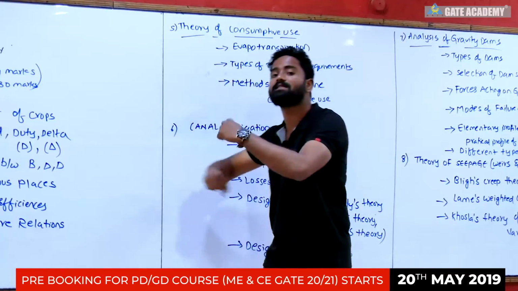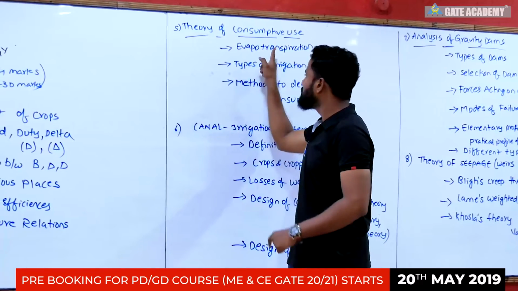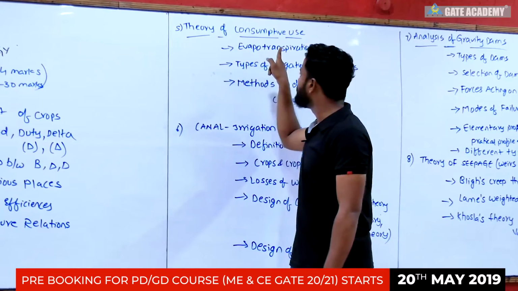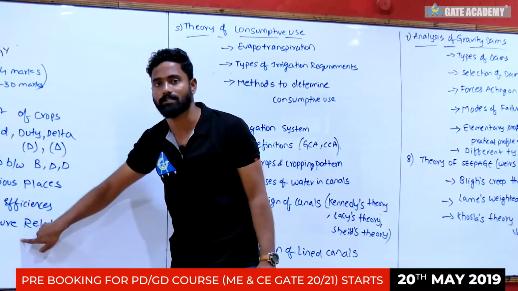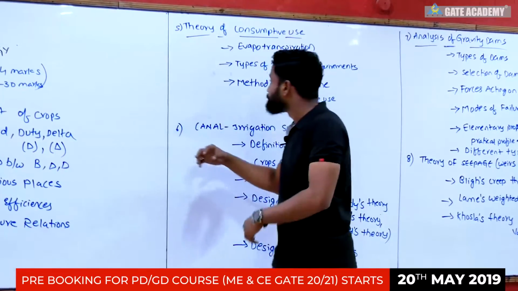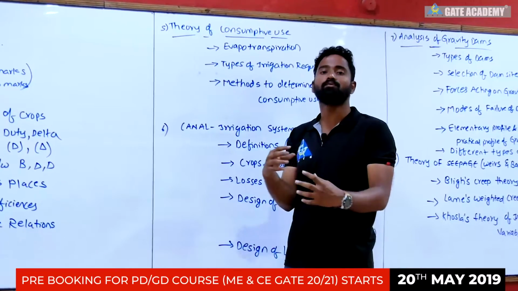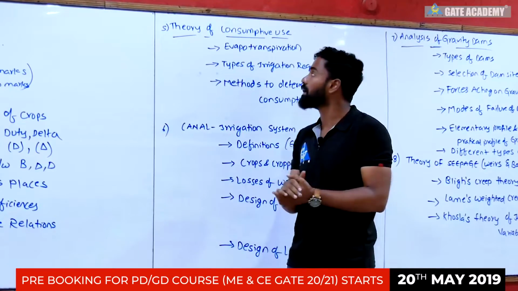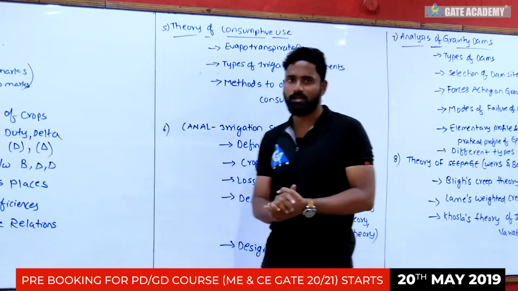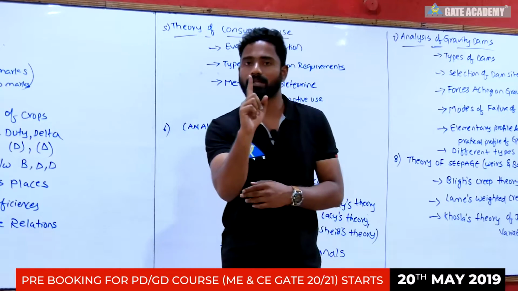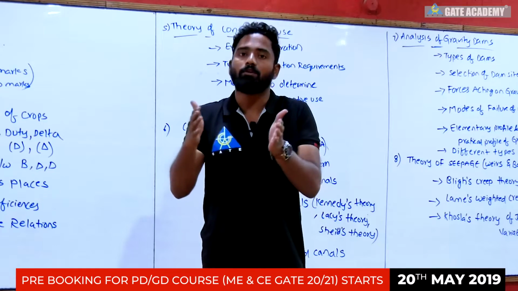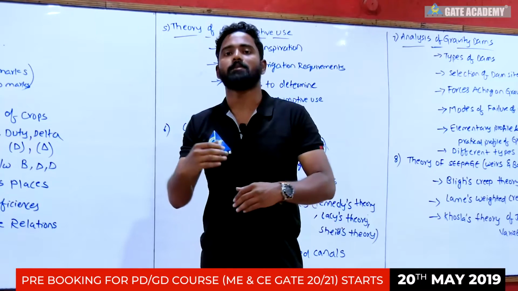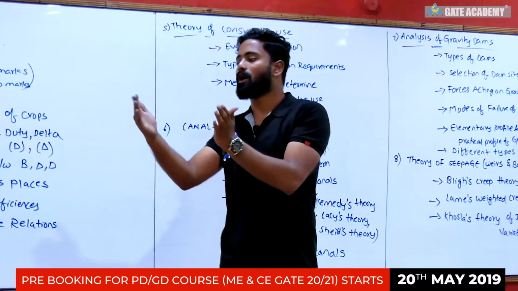See, everything is interlinked over here. Once you know consumptive use, then only you can use the soil moisture relationship. While doing the proofs, you will come to know how it is interlinked. Consumptive use is the amount of water required per day, so based on this you can find out the frequency of irrigation, that is, after how many days you have to irrigate.